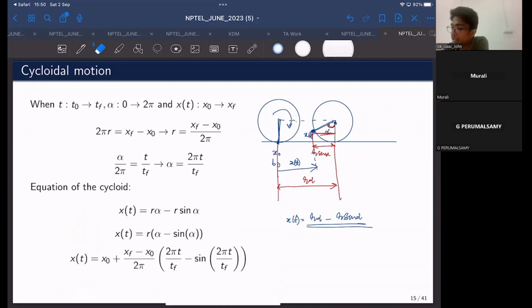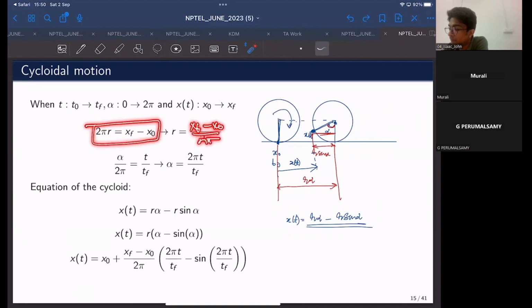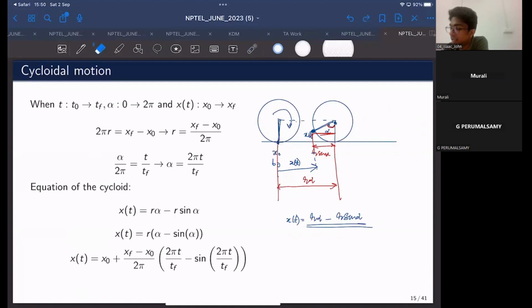For one full rotation, the distance covered by the point would be 2 pi times r. If you manipulate this expression, the radius would be xf minus x0 by 2 pi.